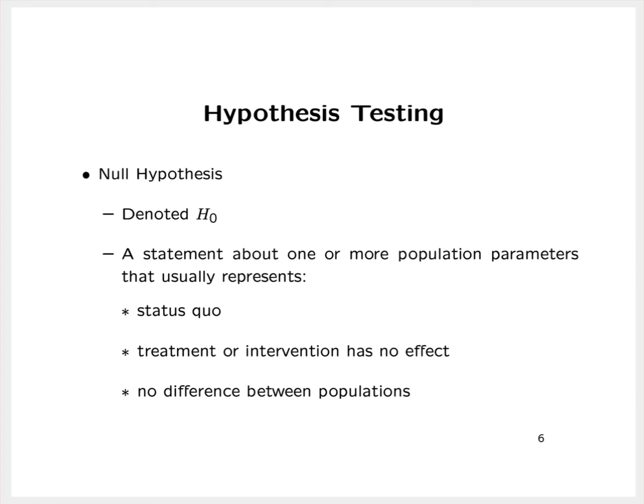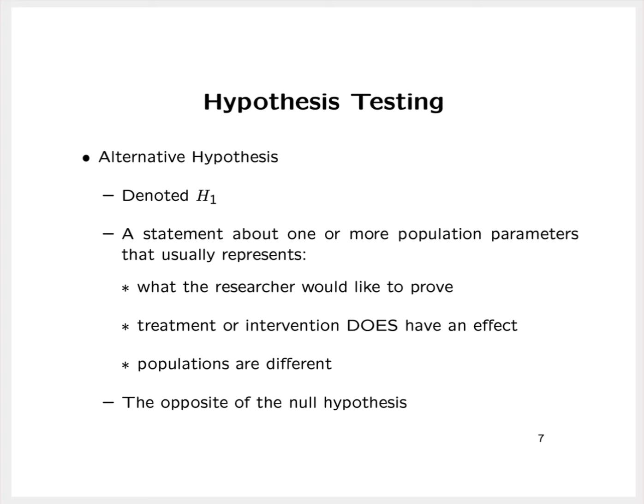Now, the null hypothesis is denoted H sub 0, or H naught, and it's a statement about one or more population parameters that usually represents the status quo. The treatment or intervention has no effect, or there is no difference between populations if we are comparing populations.